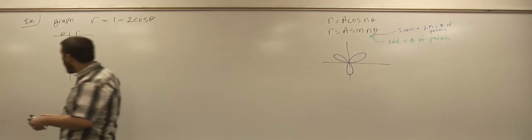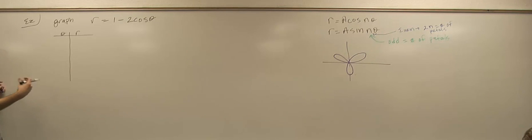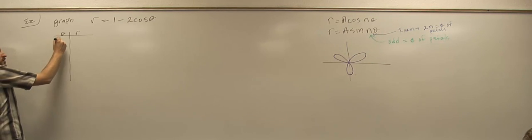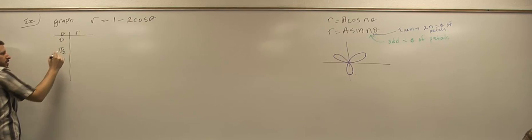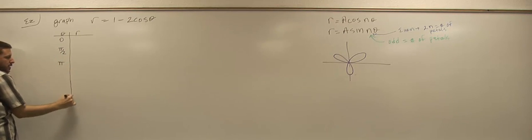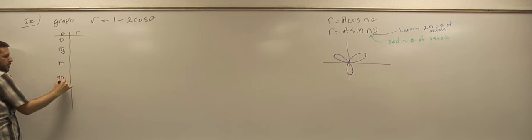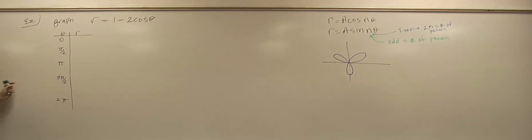I always start with my easiest points to plot, which are 0, pi over 2, pi, 3 pi over 2, and 2 pi. If this doesn't give me enough information, then I'll fill in with some extra points. But let's start with this and see what we get.